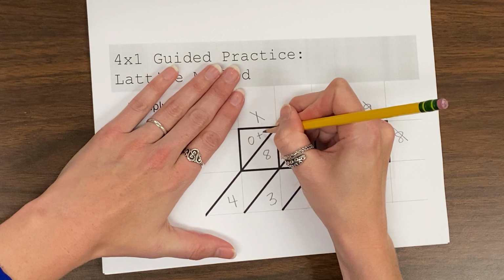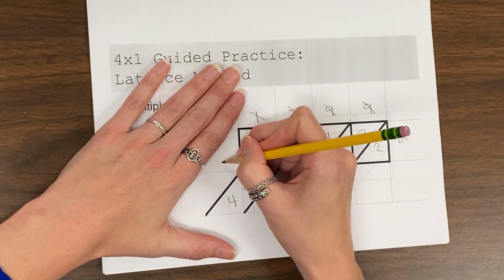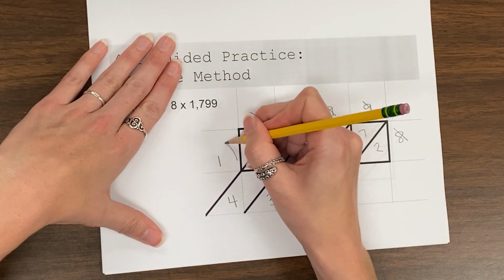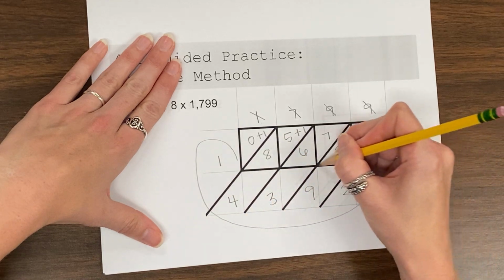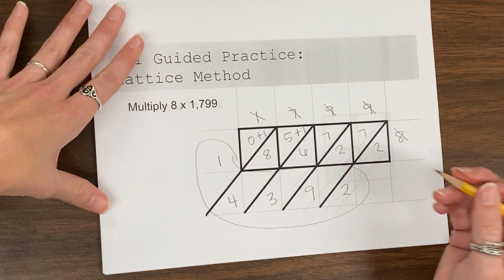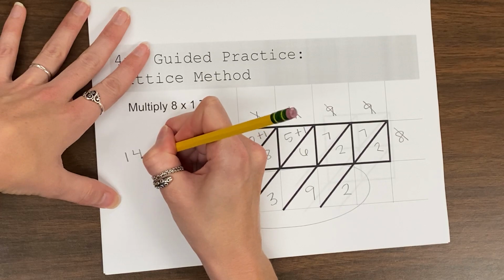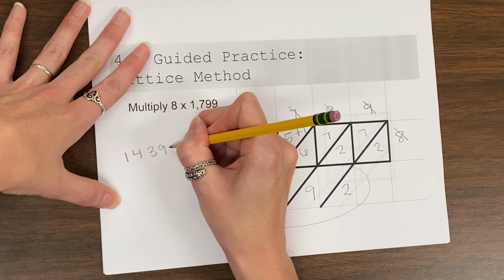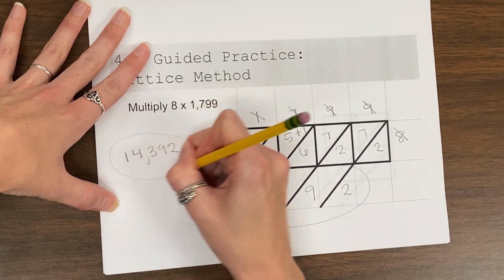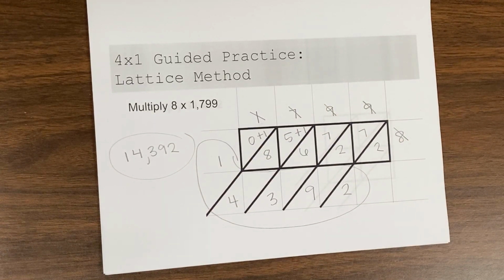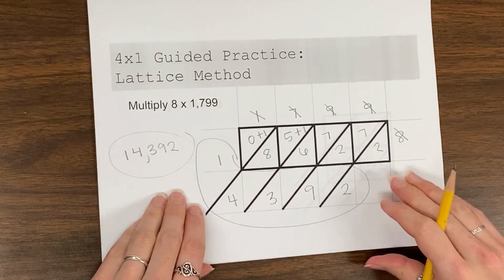So I'm going to regroup that 10. 0 plus 1 gives me 1. And then I'm going to circle my product and rewrite if I need to. So 1, 4, 3, 9, 2, for a total product of 14,392.